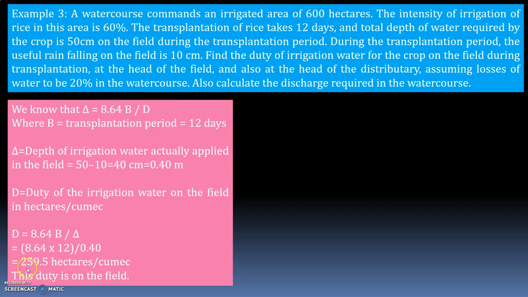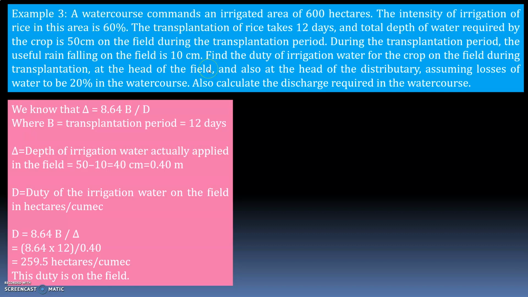Okay, so you get 259.5 hectares per cumec. This is the duty on the field. Okay, this is the irrigation water which is available on the field. Okay, that first question is done. This duty of irrigation water for the crop on the field during transplantation is equal to 259.5.